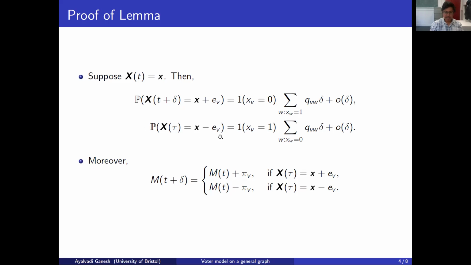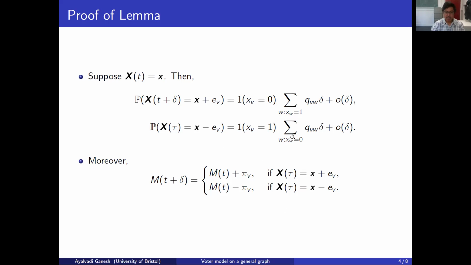Similarly, if x decreases by 1 in the vth position, m decreases by pi v. Again, tau should be t plus delta. Sorry, all these taus should be t plus delta. Those are all typos. Okay, so that's the change in the value of the Martingale over some small time delta.